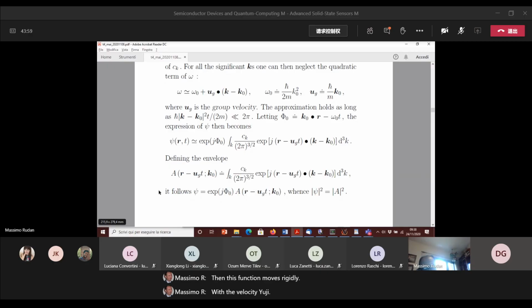So the envelope function moves rigidly. That means that it is not deformed. It moves without any deformation in space with the velocity equal to ug.